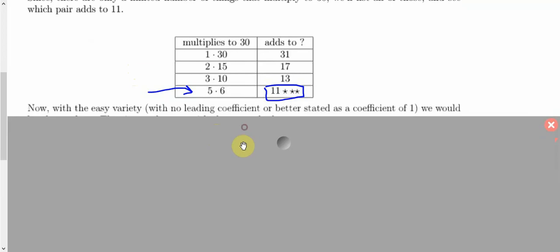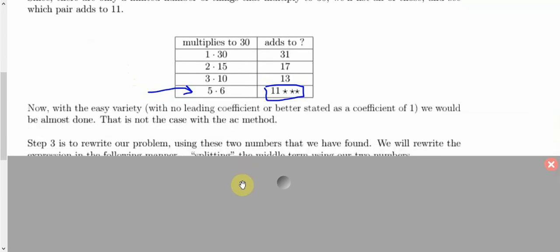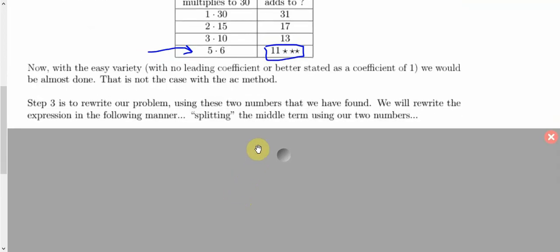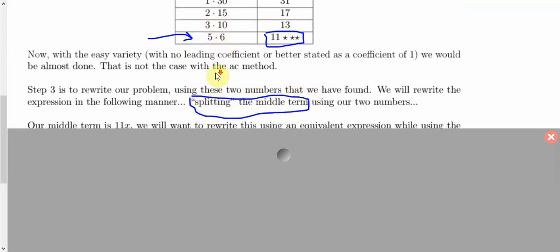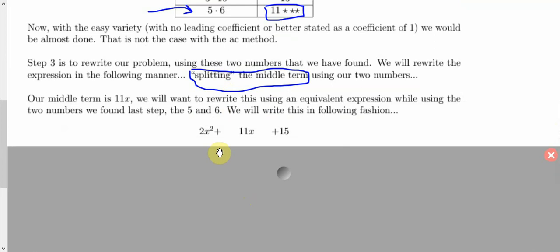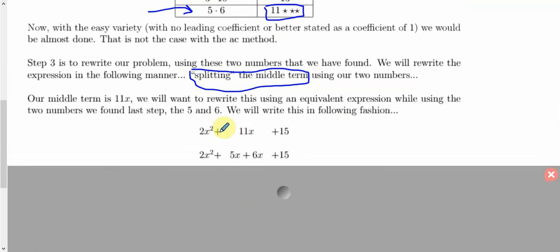Okay, what we're going to do now is ignore all that, and we're going to split the middle term using these two numbers that we found, so 5 and 6. So here's what I mean. So this is our original problem. We found 5 and 6 are the two numbers we want. The middle term is 11, or technically 11x.